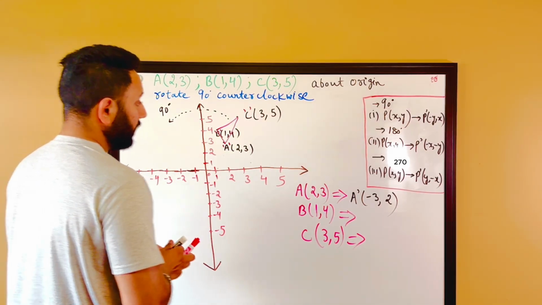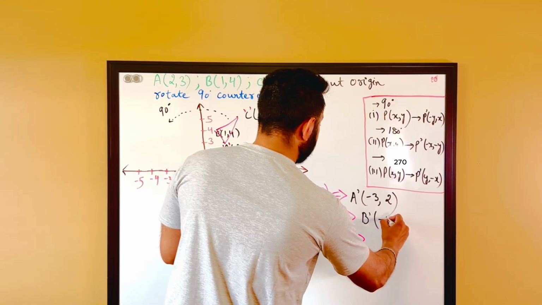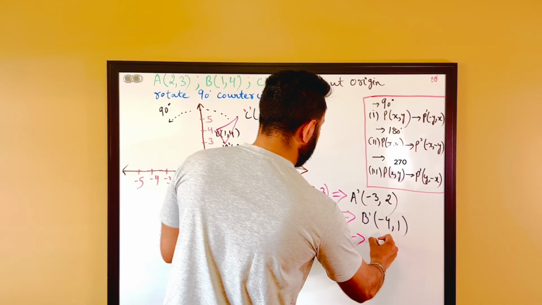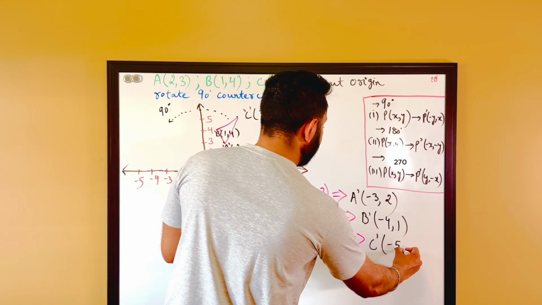So the new B coordinate will be (-4, 1) and C dash will be (-5, 3).